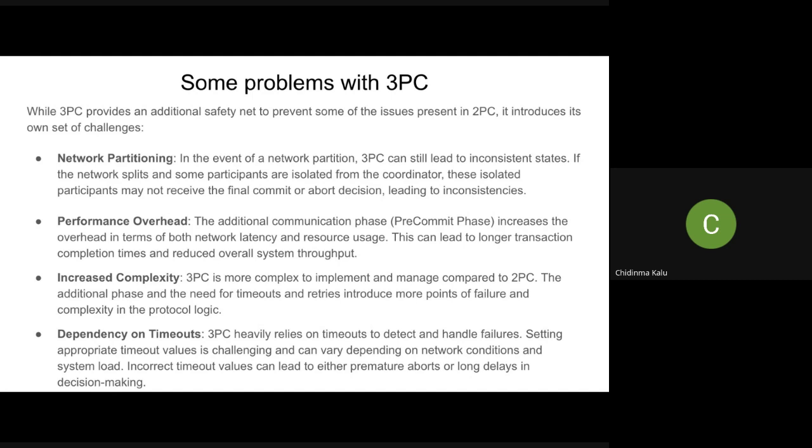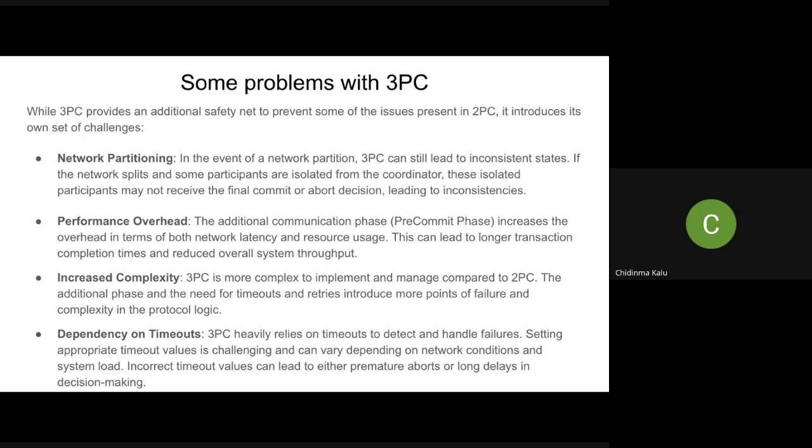Okay, so I'll start with Ugochukwu's question. He says he doesn't see the benefits of 3PC over 2PC. 3PC solves the blocking issue. Remember when we talked about the blocking issue in 2PC, we said if the coordinator fails, then everything is stuck, because we have to wait for the coordinator to recover or for another one to take over.